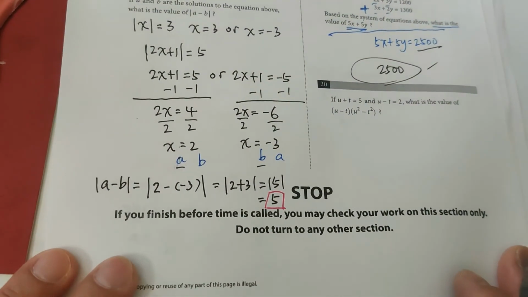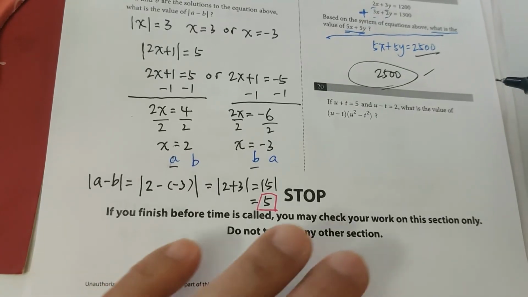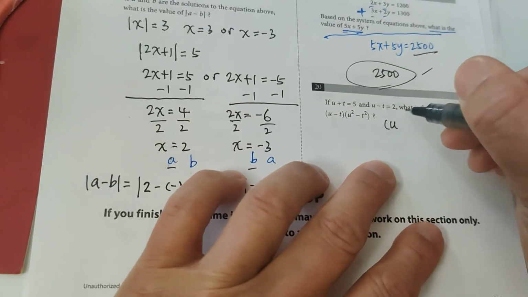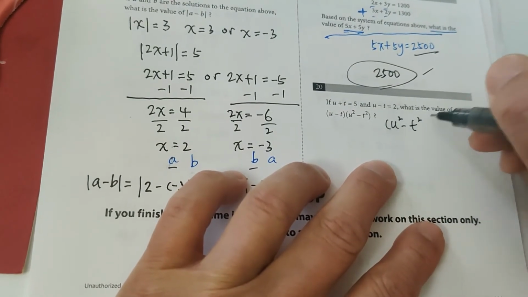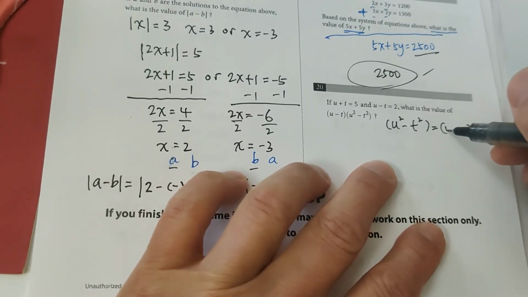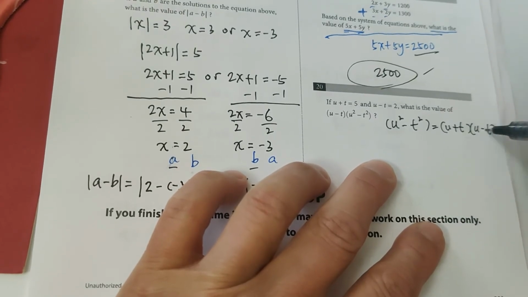It says if u plus t equals 5 and u minus t equals 2, what is the value of u minus t times u squared minus t squared? Okay, so the first thing you have to know is that this has something to do with algebra. You should be able to factor it by writing u squared minus t squared as u plus t multiplied by u minus t.